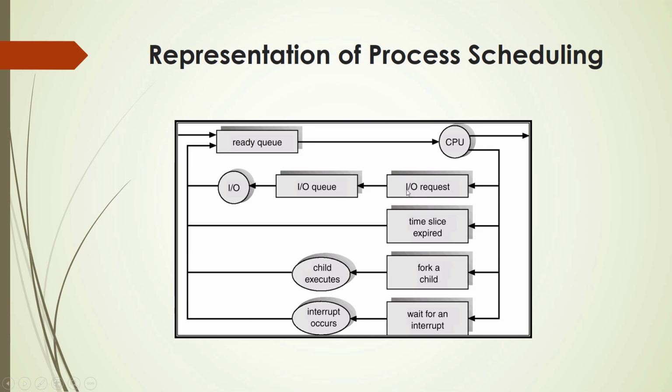Because there can be several devices which need input output, it has to go to an input output device queue. After the input output has been granted to that process, it will execute the input output, for example taking an input from the user, and then it goes back to the ready queue.